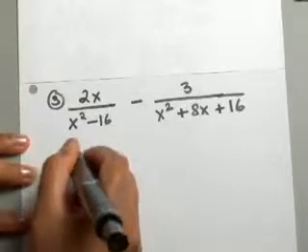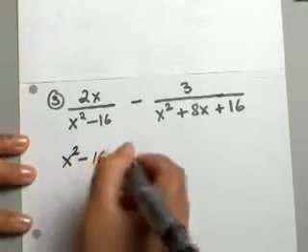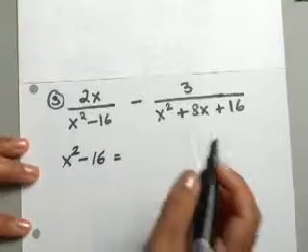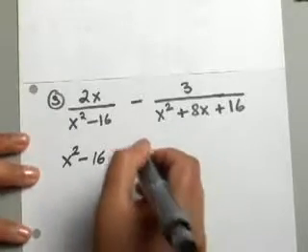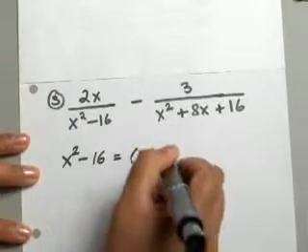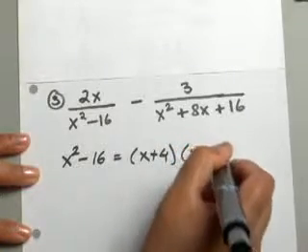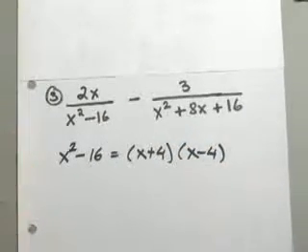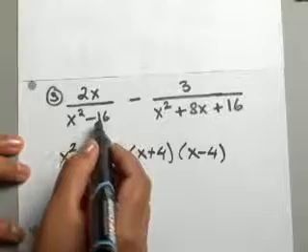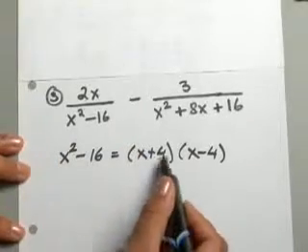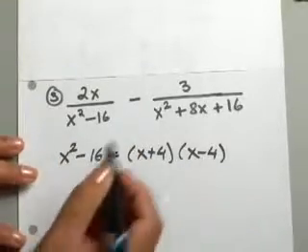You have x squared minus 16, which will factor out into x plus 4, x minus 4, using the difference of squares formula. Okay, because again you can write 16 as 4 squared, so that's where you get the 4 in your factors from.